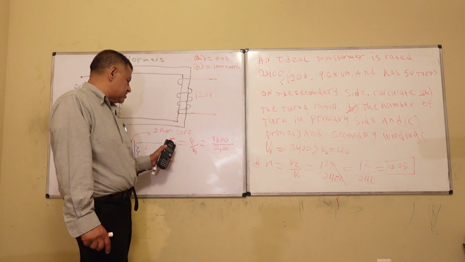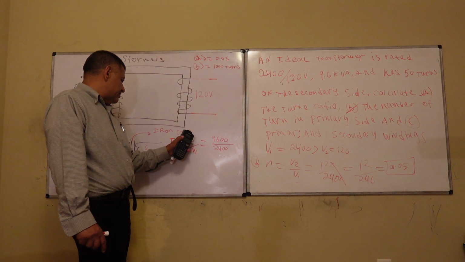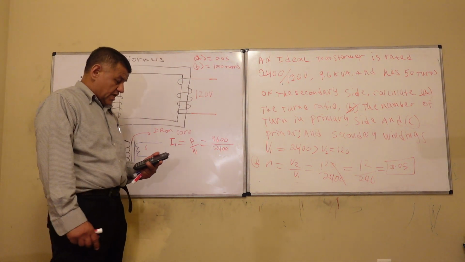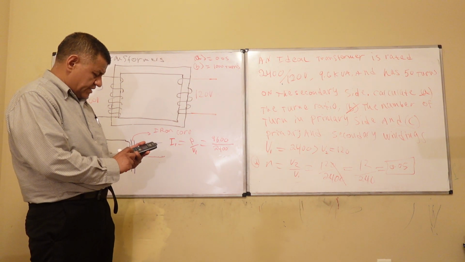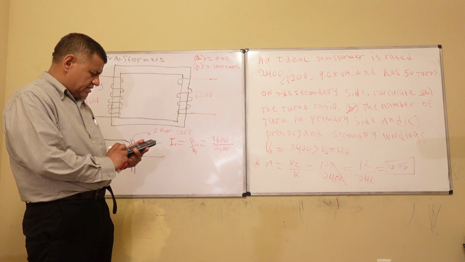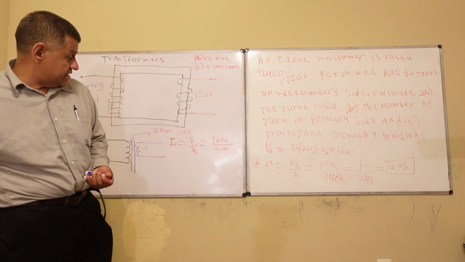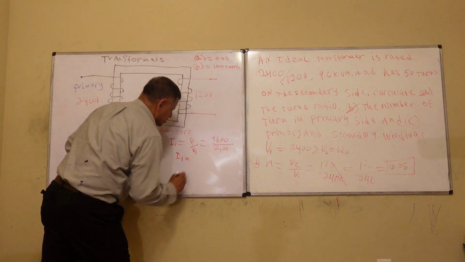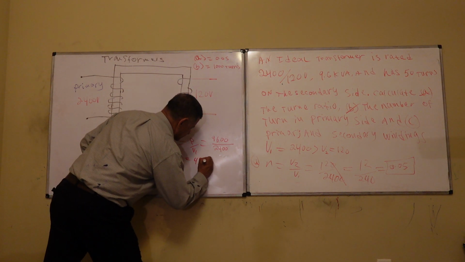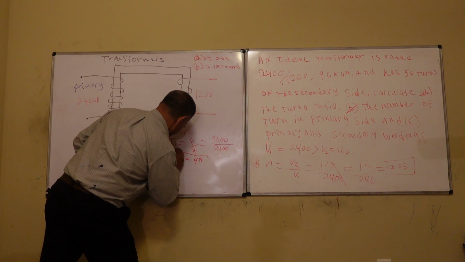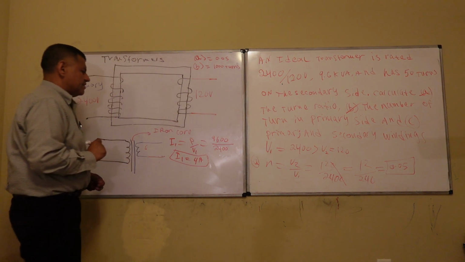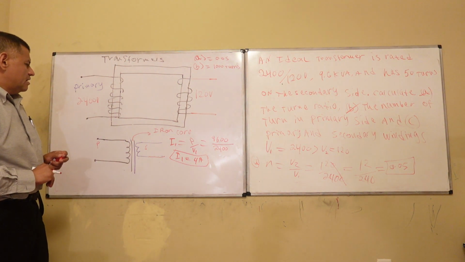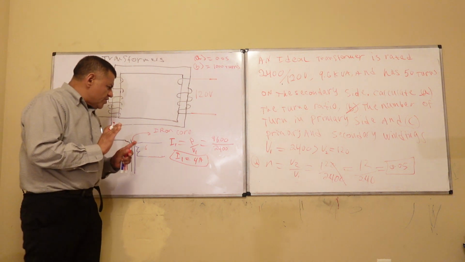I already simplified that. Divided by 2,400, it's a very low current. So I1 is equal to 4 amps. Very low current on the primary. Make sense? So next we do the secondary.